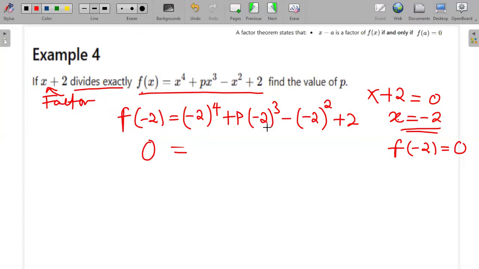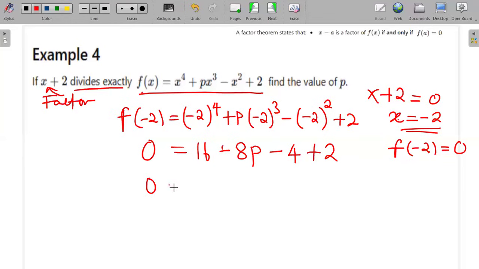So I'm just going to write there 16. And then minus 2 to the power 3, this is an odd power, so this will be minus 8, so that would be minus 8p. And minus 2 to the power 2 would be 4, so that would be minus 4, plus 2.